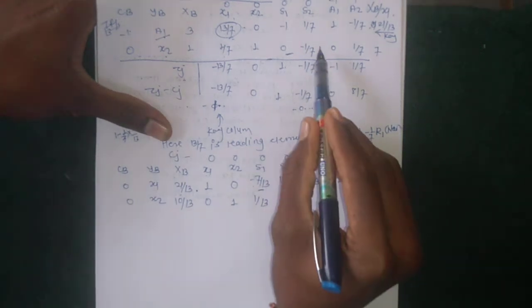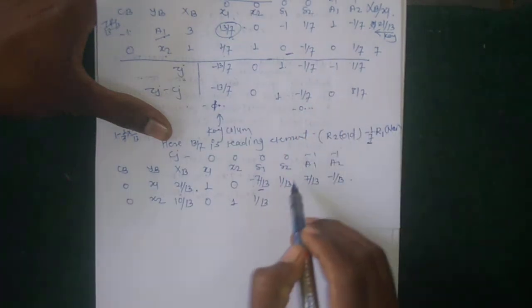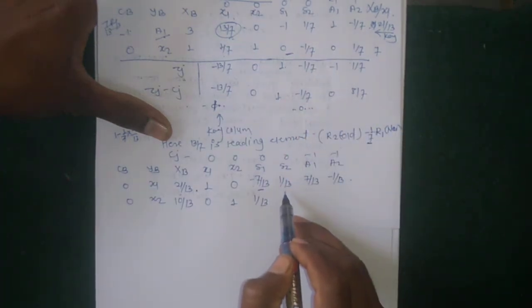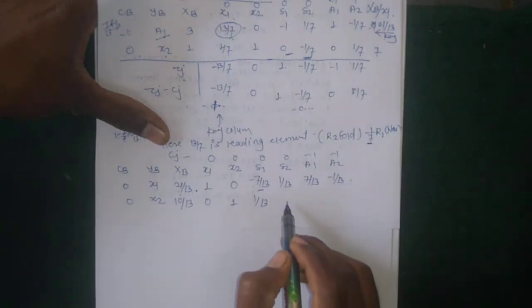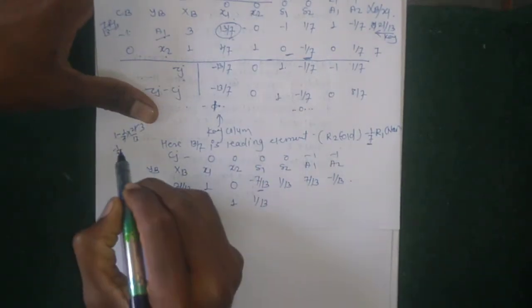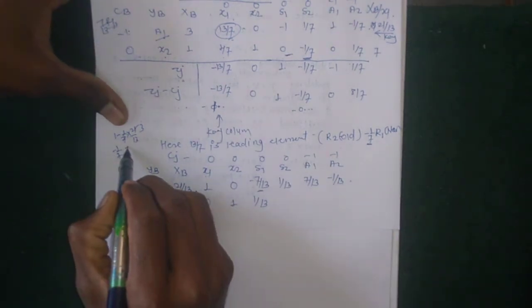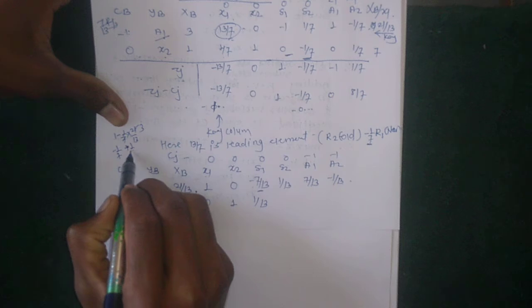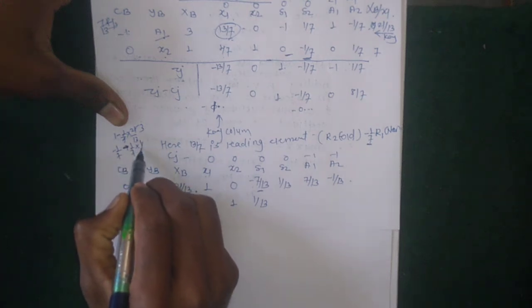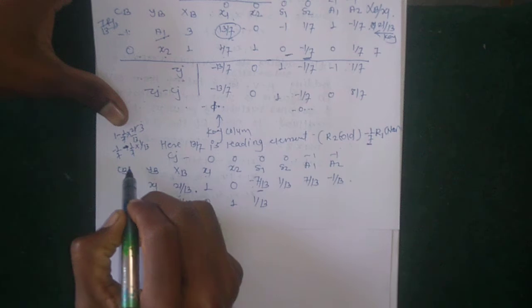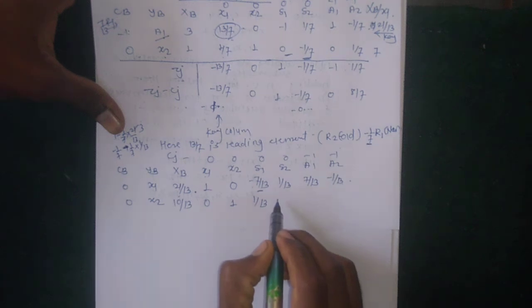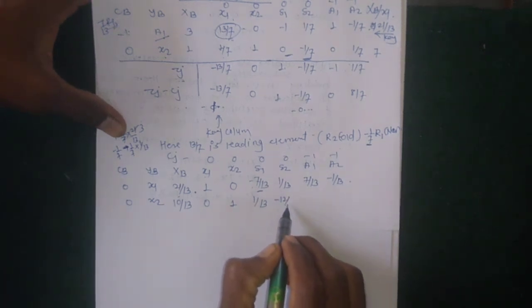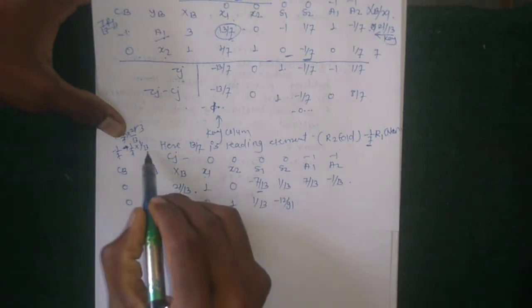For the S2 column, minus 1 by 7 into 1 upon 13, so minus 13 plus 1 is minus 12 divided by 91, 13 into 7 is 91.